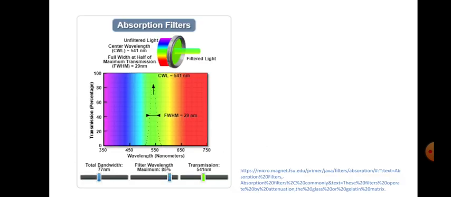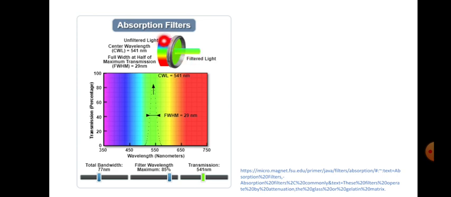We can have a very good simulation available on this particular website, the link is given here. You can see this is the absorption filter, which is made up of dye gelatin material, and you can see the filtered light.